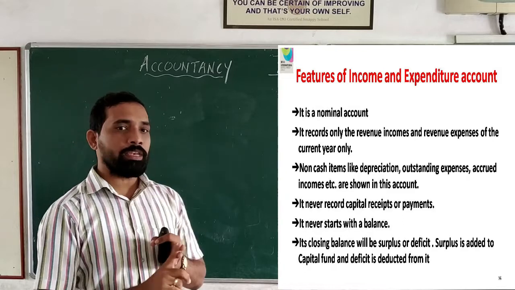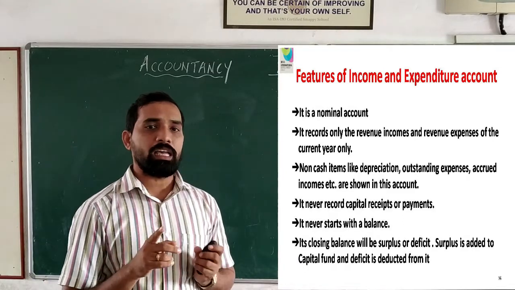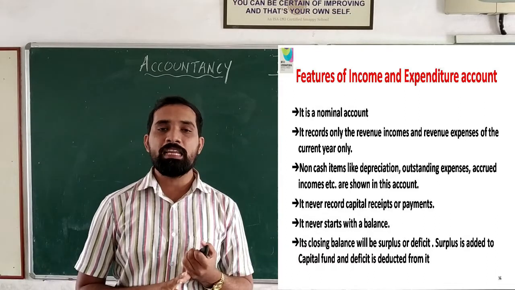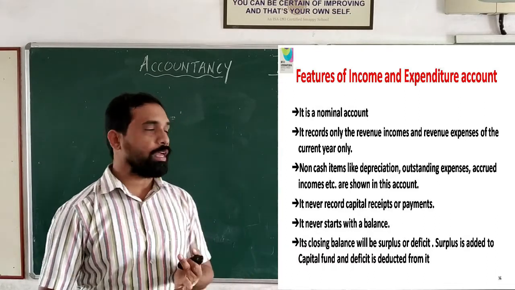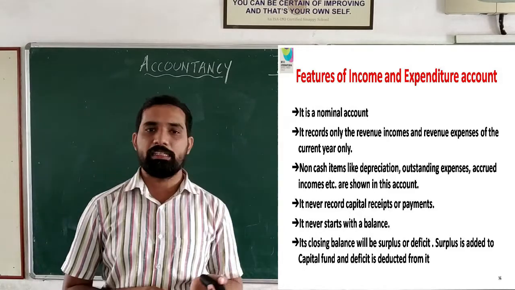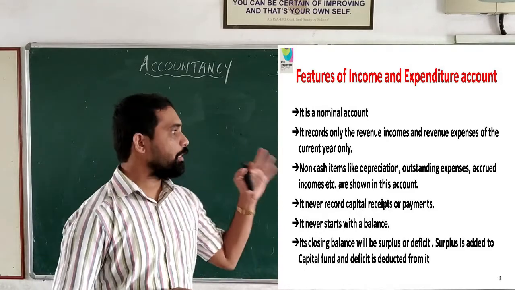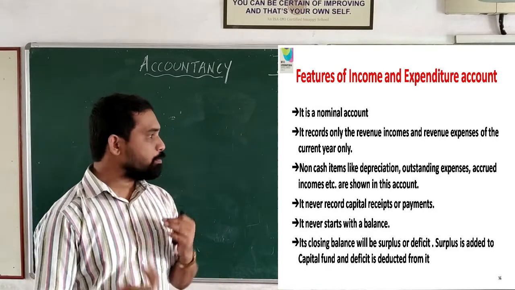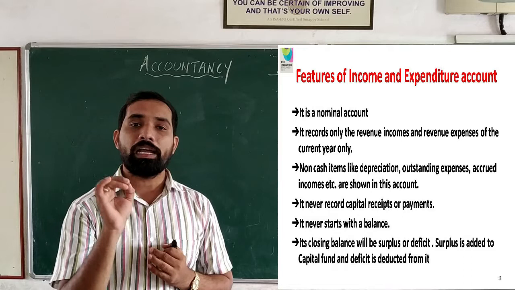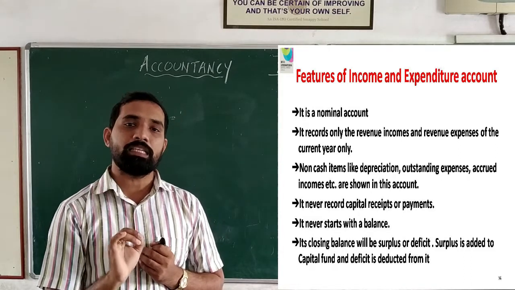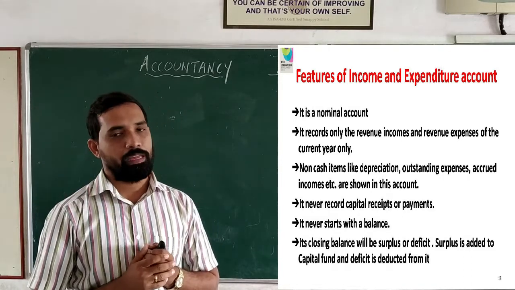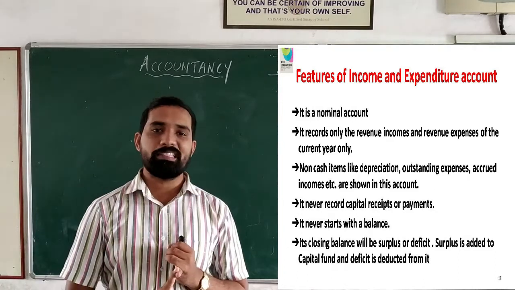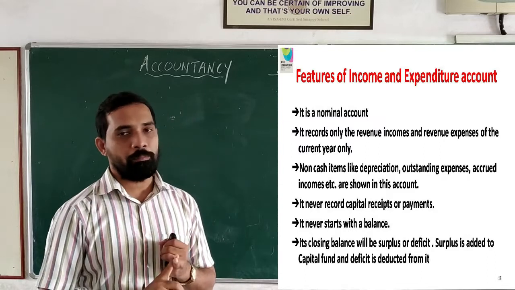And the third point, non-cash items like depreciation, outstanding expenses, accrued income, bad debt, etc. are shown in this account. And the next point, it never records capital receipts and capital payments.